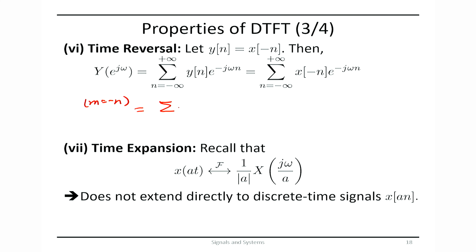And I can write this as the summation of x[m], m also going from minus infinity to infinity, e to the minus j, minus omega, m.